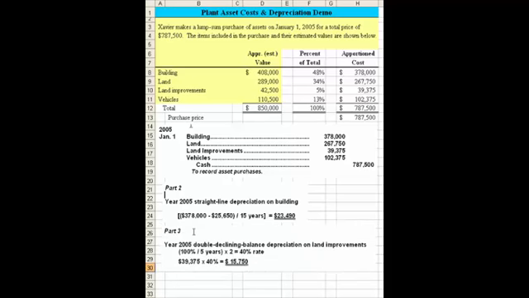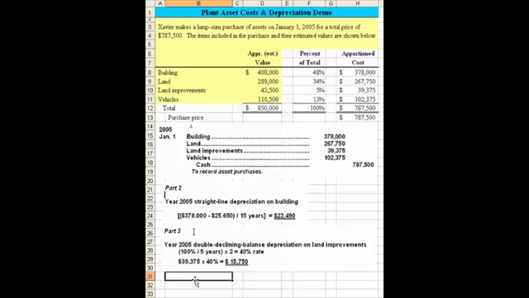Now in this part of the problem we are going to use the land improvements amount. That's the $39,375 you see in cell H10 right there. With double declining balance we don't consider any residual value.